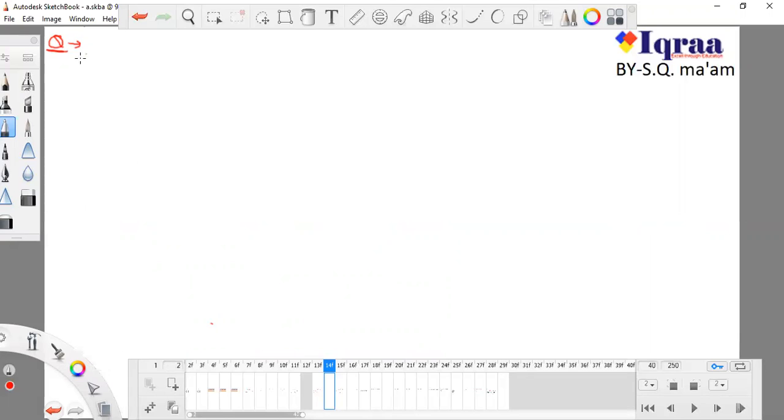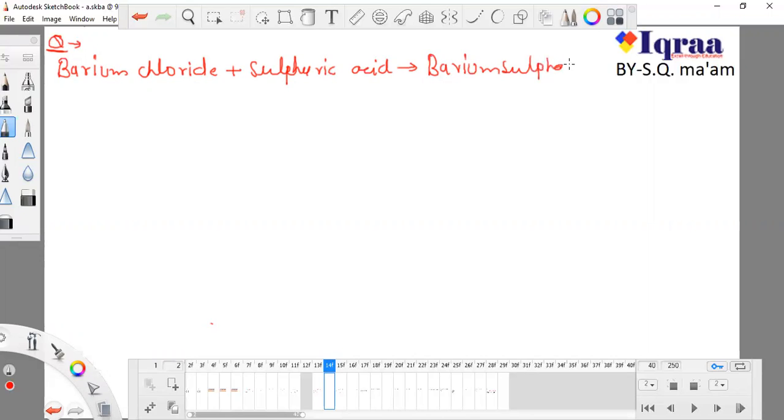I'm writing barium chloride, barium chloride, sulfuric acid gives barium sulfate plus hydrochloric acid.